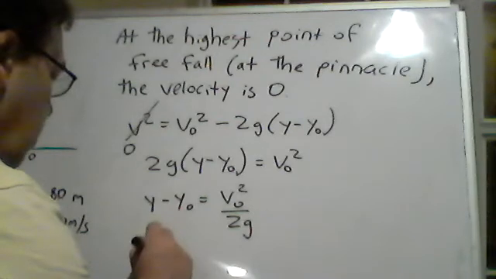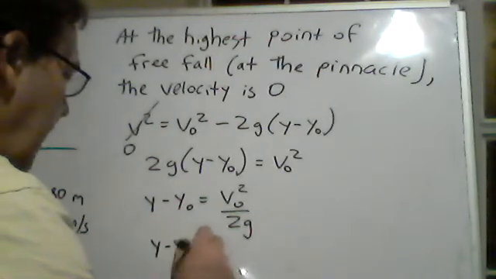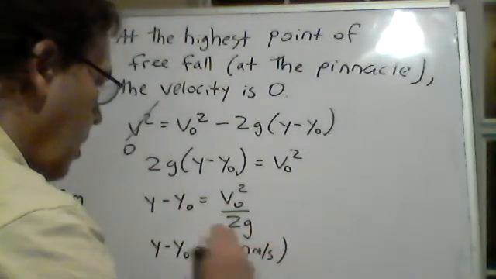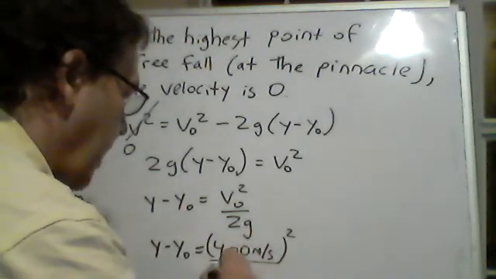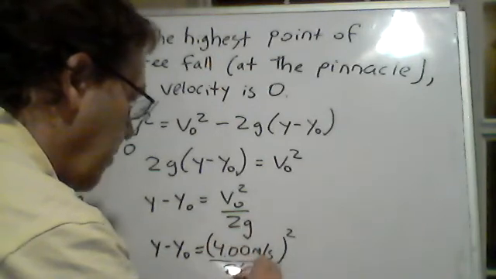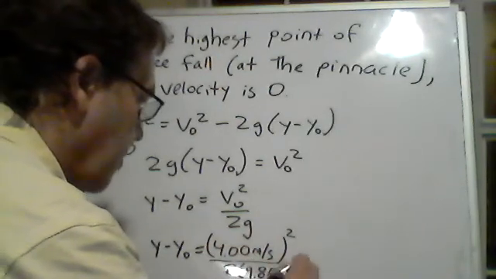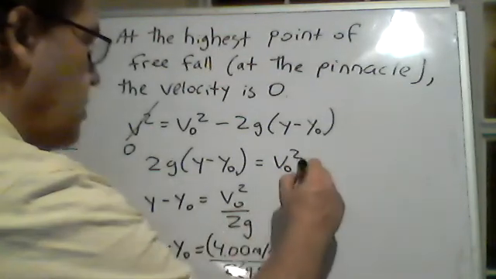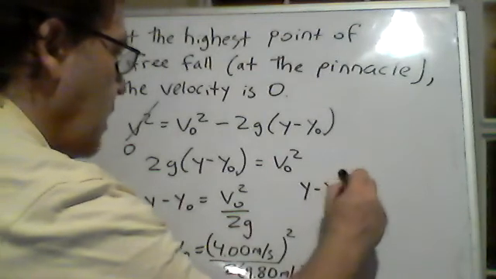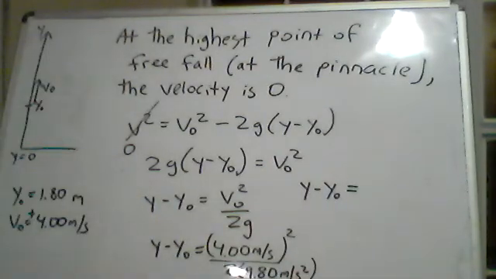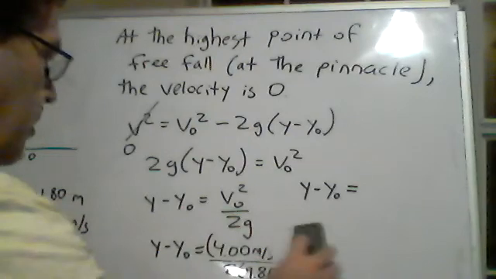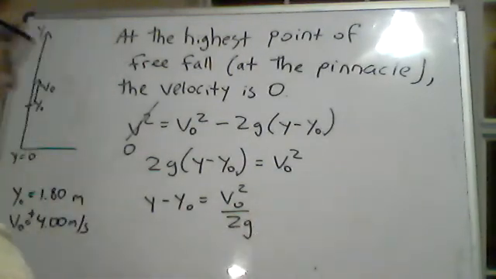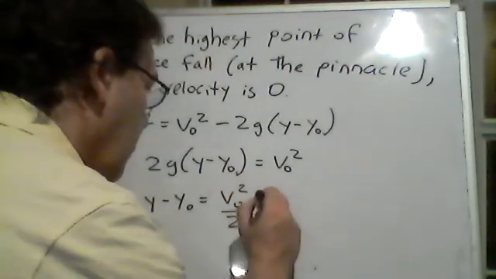So y minus y naught is the 4.00 meters per second quantity squared divided by 2 divided by 9.80 meters per second squared. All right? And when I do all of that, let me write this over here off the camera.